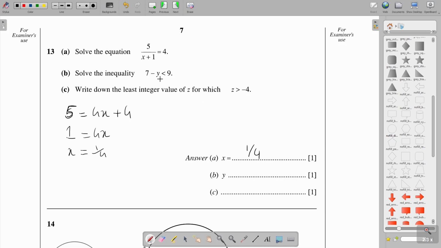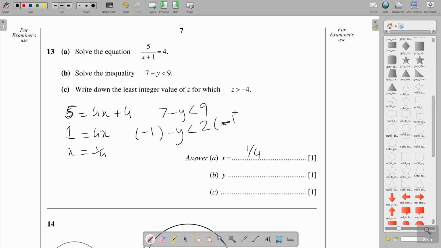Part B is solve the inequality 7 minus y is less than 9. So again, minus 7 from both sides. That leaves us with minus y, or negative y is less than 2. And then I'm going to multiply both sides by negative 1.